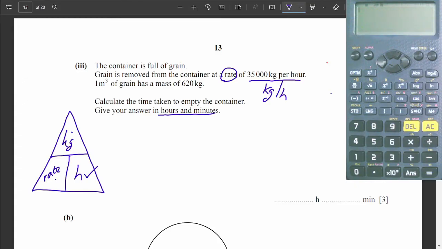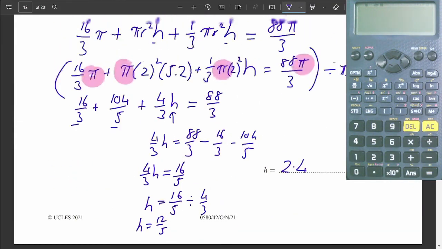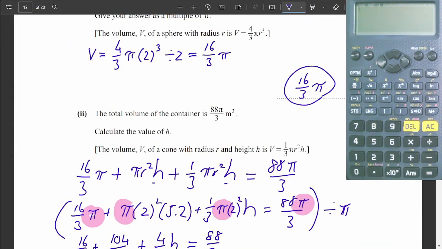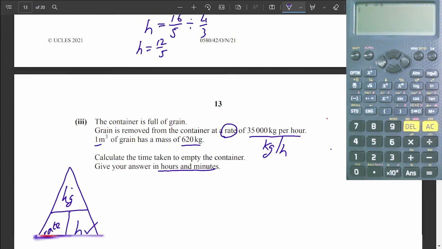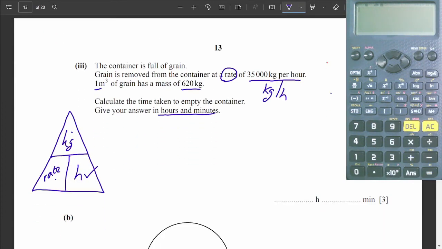Okay, so what do we have? What is the kilograms? Kilograms is 620 kilograms per 1 cubic meter. Do we have cubic meters somewhere else? Yes, that was given to us in the previous question. Cubic meters, the volume of the whole container. So if every 1 cubic meter weighs 620, we need to multiply this together.